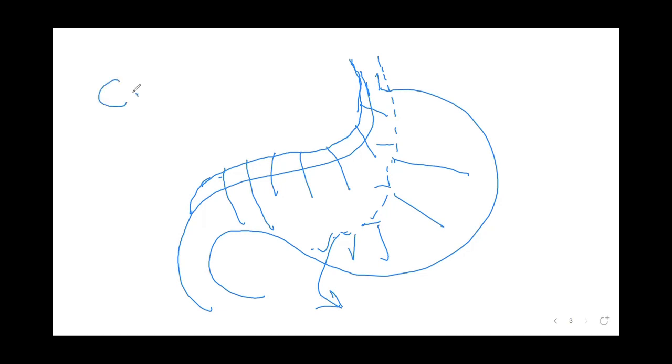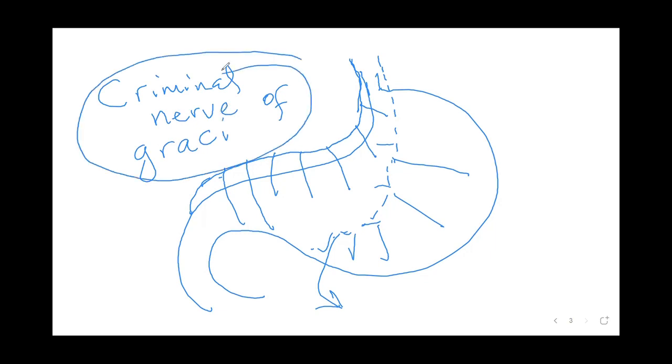There is what is called the criminal nerve of Grassi. It's important you know this. A twig just above the esophageal hiatus will arise from the vagus, okay, before it starts branching, to supply the stomach.